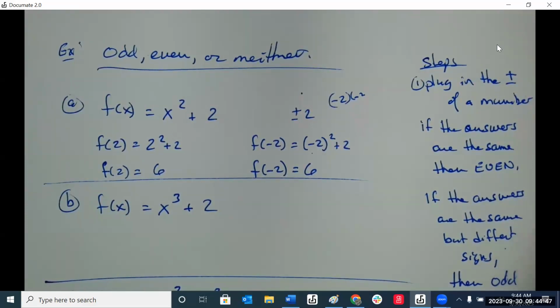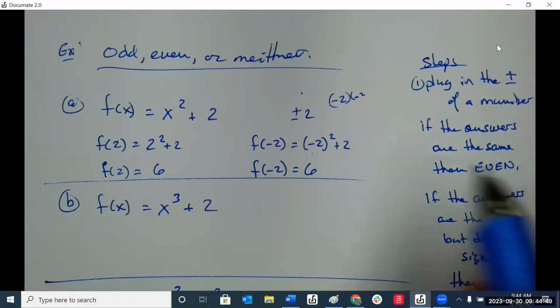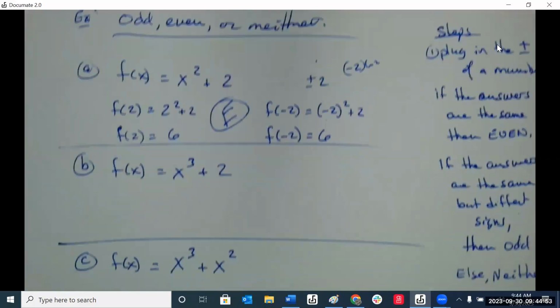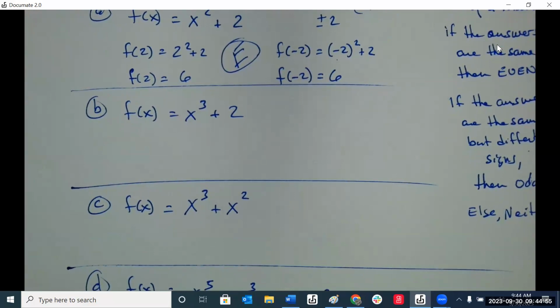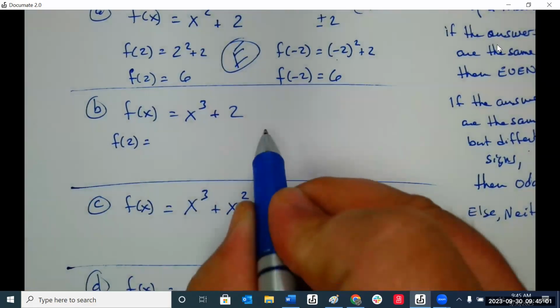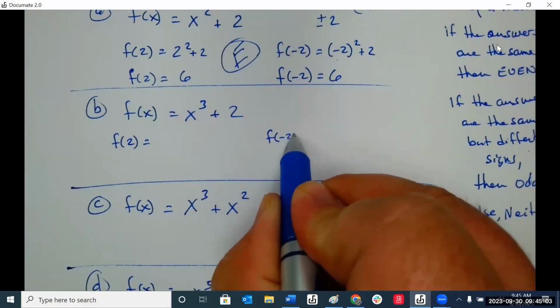So is it odd, even, or neither? Very good. Do the next one. Same thing. f of 2 and f of negative 2.